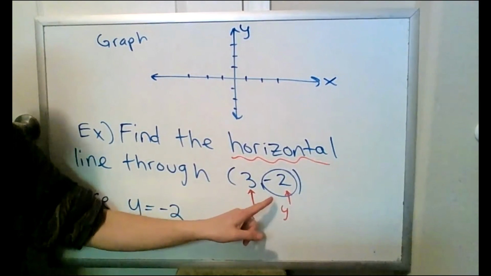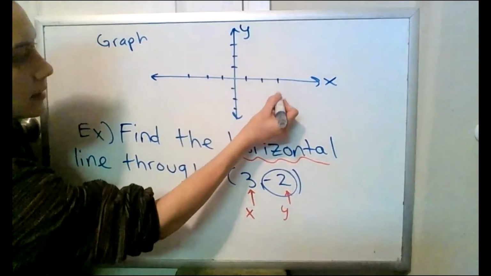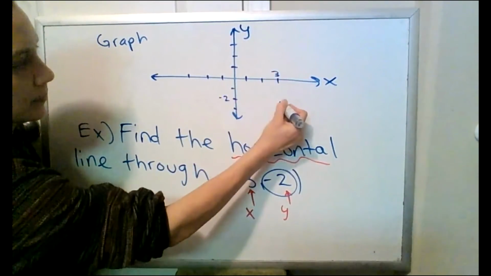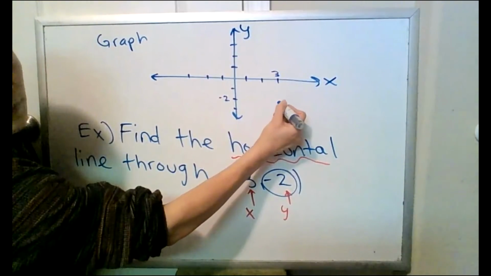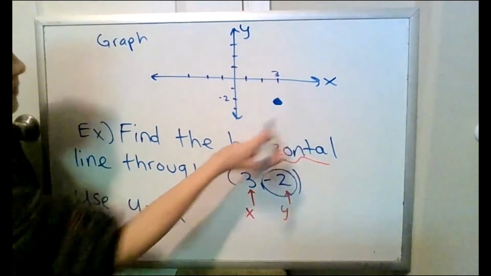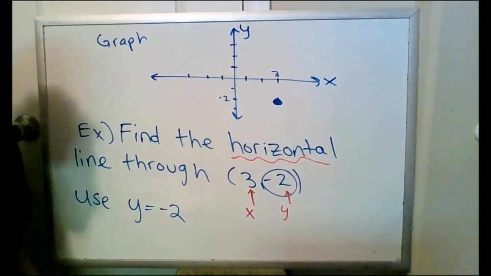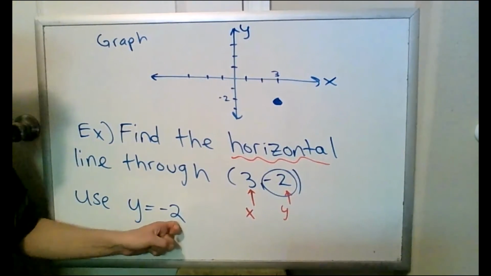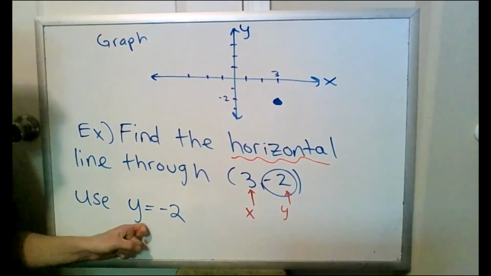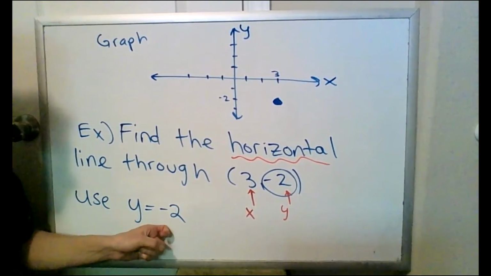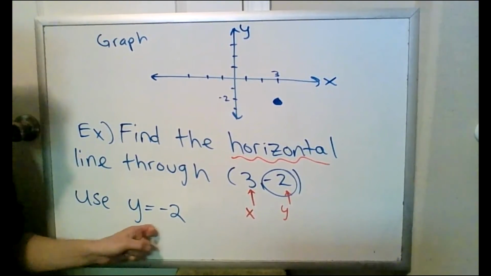We're going over 3, down 2. And then when you have a line like this, y equals -2, and x isn't mentioned, it means x can be any number. So you could have x equals 10, and then y equals -2. That is a point on this kind of line.